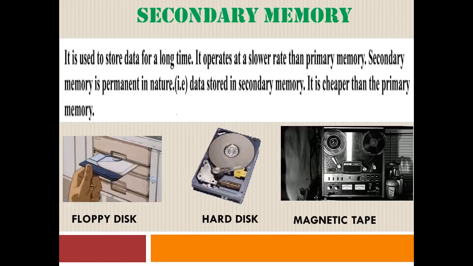Secondary memory is permanent in nature, but primary memory is temporary in nature. Secondary memory is cheaper than primary memory, which means its cost is very low compared to primary memory. Some examples of secondary memory are floppy disk, hard disk, and magnetic tapes.